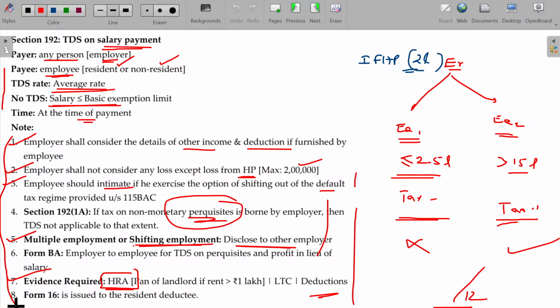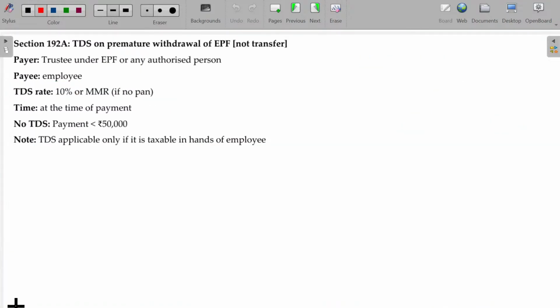Section 192 is over with this. Now section 192A, EPF. In case of PF, if you withdraw only on maturity, after the completion of 5 years, it is completely exempted. If you are withdrawing beforehand, of course, it is going to be taxable.